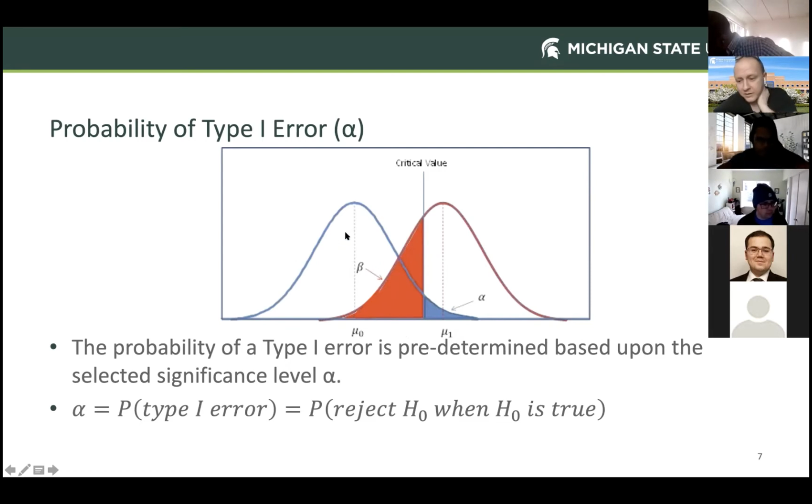The blue distribution would be representative of our null hypothesis. If we collect repeated samples from this red population here, it can fall anywhere within these bounds. So this is basically a distribution of sample means of repeated samples.